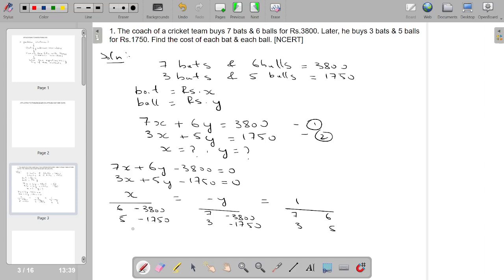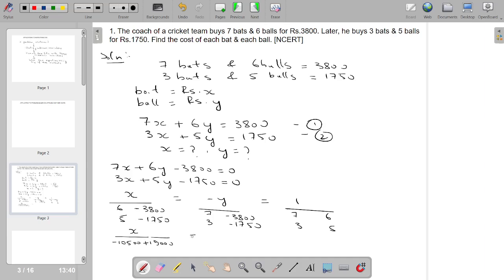So x divided by 6 into minus 1750 is minus 10,500, minus plus 19,000.